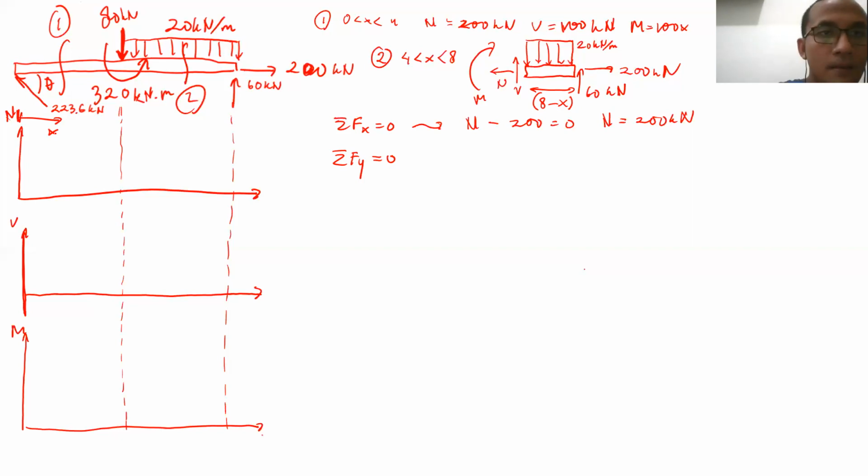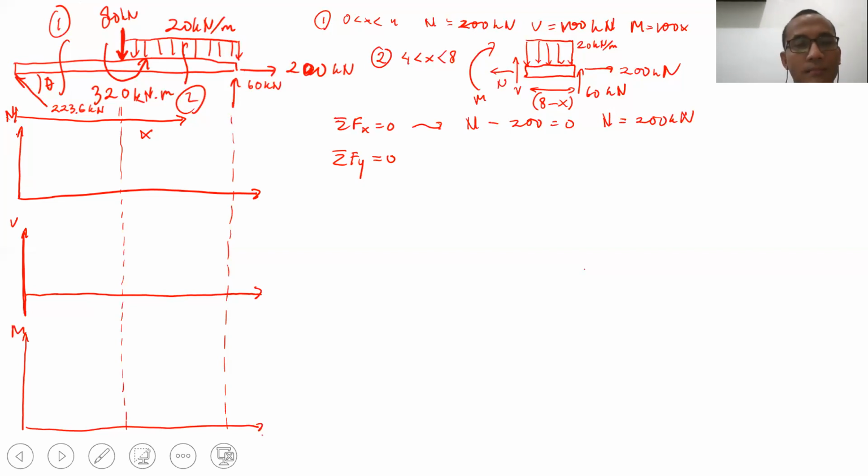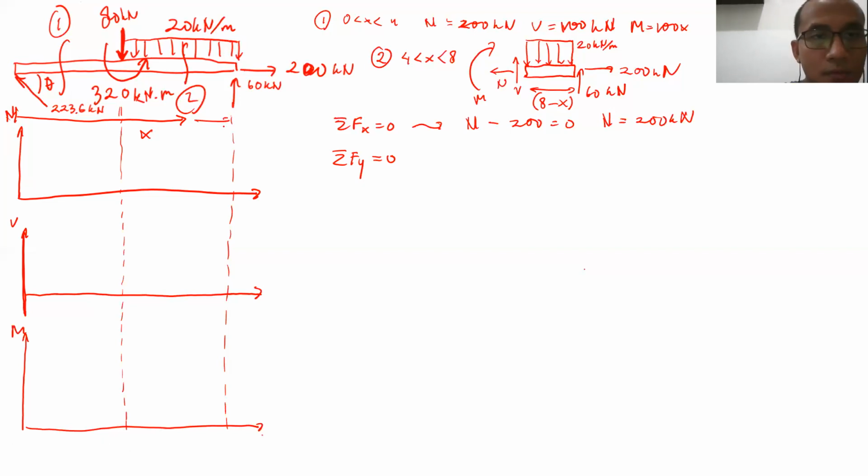So if the second cut is here, the distance from the left edge to the cut will be x, and the distance from the left edge to the right edge in total will be 8 meters. So the distance from the right edge to the cutting will be 8 minus x. That's why the distance there is 8 minus x.